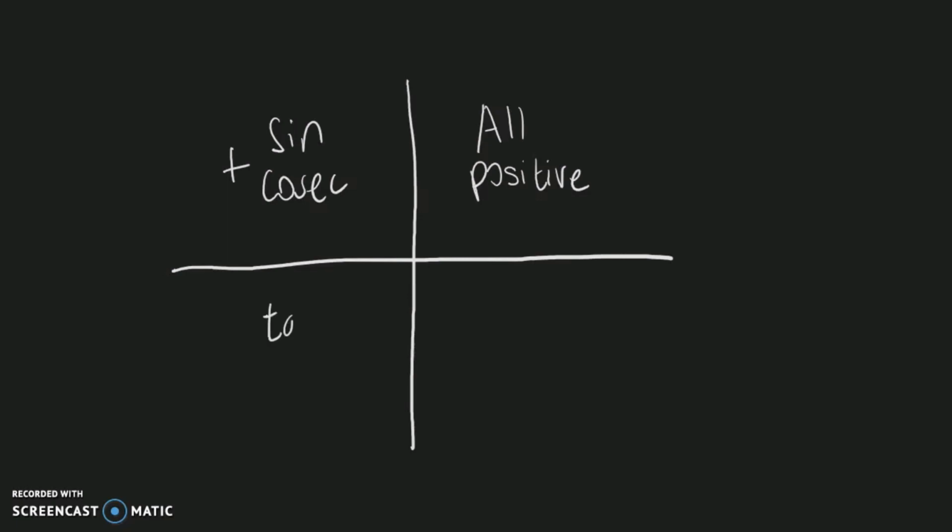Tan and cotan, its inverse, are positive here. Cosine and secant are positive here. All the other trigonometric functions are negative besides the ones stated in quadrants 2, 3, and 4.